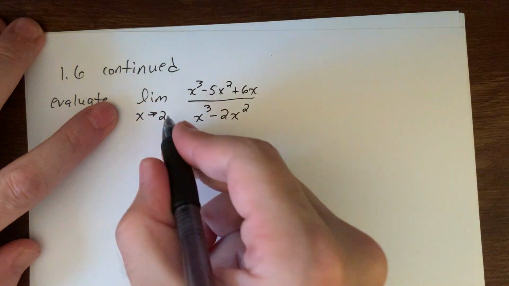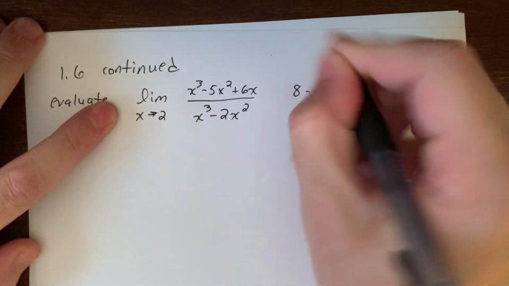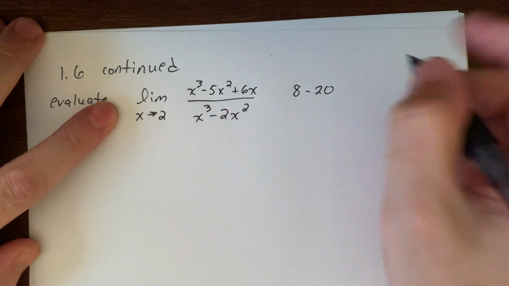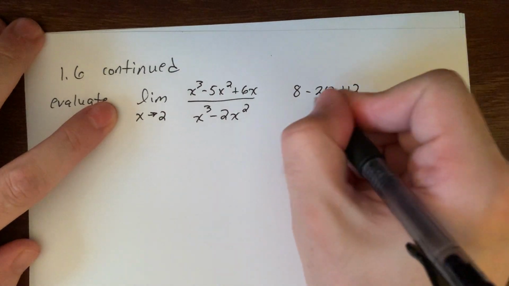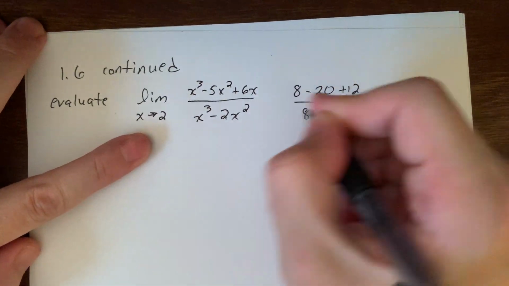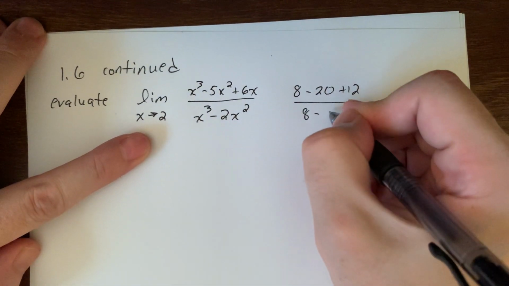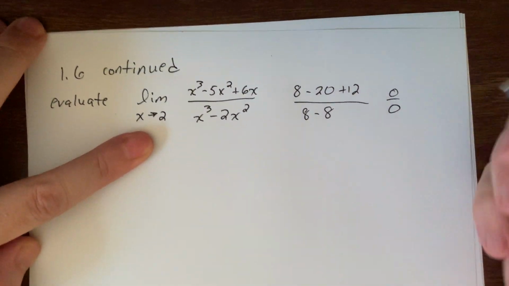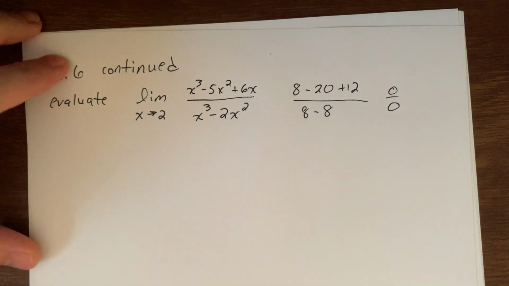And if I just try plugging in, 2 cubed is 8, minus 5 times 2 squared, minus 5 times 4, which is minus 20, plus 12, all over, in the bottom, 2 cubed again is 8, minus 2 times 2 squared, minus 2 times 4, is 8 minus 8. And this is another 0 over 0.